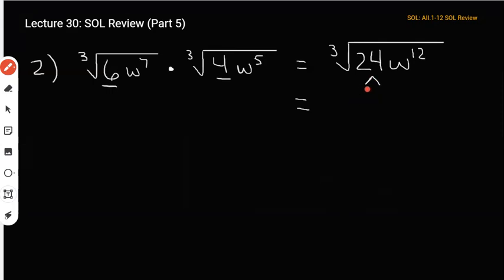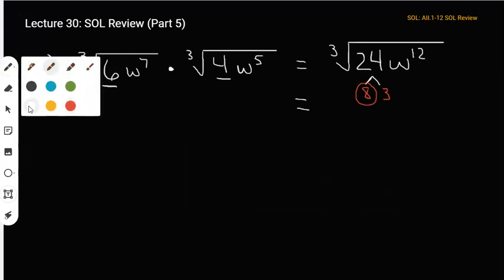Let's use 8 and 3. 8 times 3, that's 24, right? And what I'm going to do is circle the 8 because 8 is a perfect cube. So I can break up the radical.